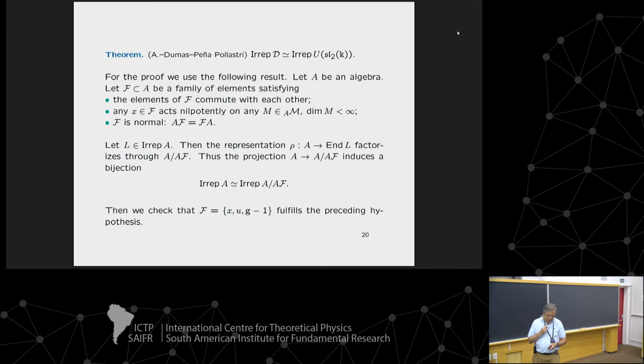Then any representation of A factors through A divided by the left ideal generated by F. So the projection from A to A/AF induces a bijection between irreps of A and irreps of A/AF. Of course, this lemma we obtained at the end. What we did first was to check that F has these hypotheses, and then observe that the hypotheses have to be organized in that way.